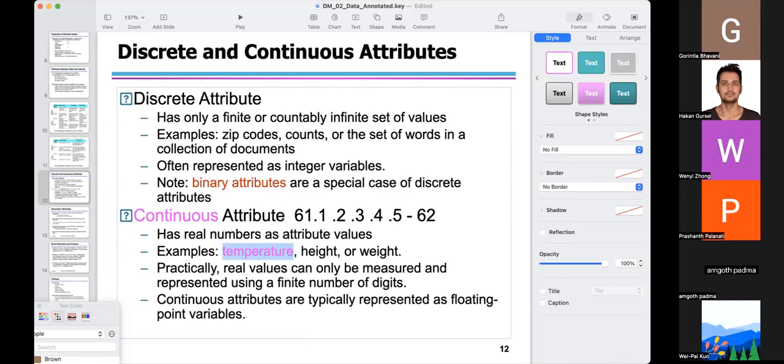And in order to record this in a computer, we want to make this attribute discrete. That is, we're going to record an interval from 61 to 62.